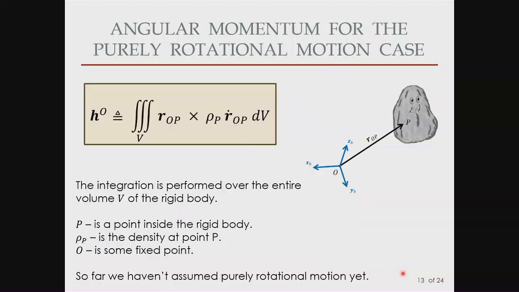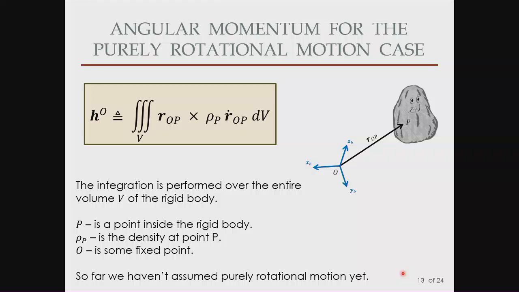All right, so now, having understood all of these definitions, we are starting to calculate the angular momentum of the rigid body about this point O, which is the center of rotation, just for this special case of assuming the body performs purely rotational motion.